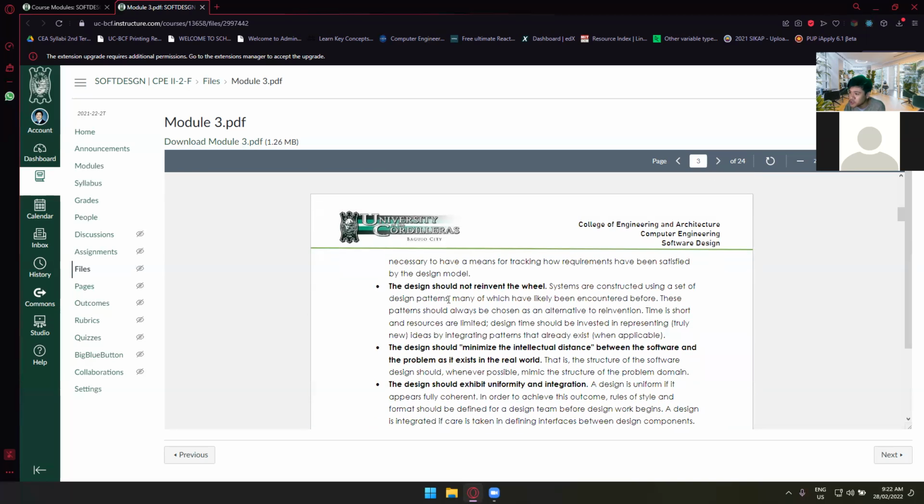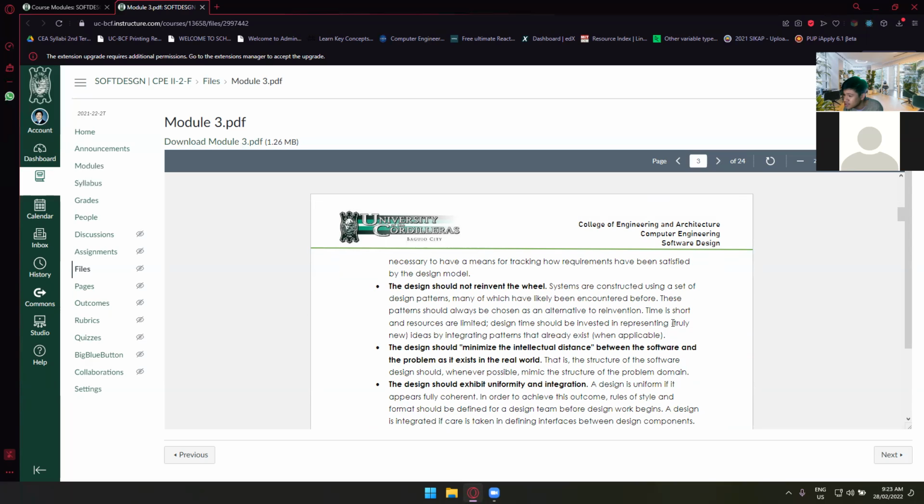Third one is the design should not reinvent the wheel. If it's already there, then of course there's no need to reinvent that one. We can come up with an alternative way in doing that, but still arrive at the same solution, the same system.